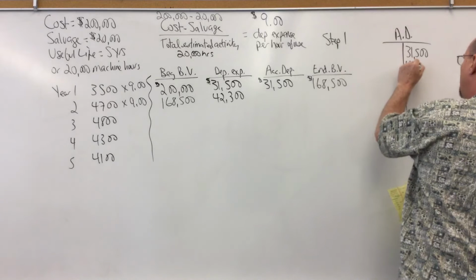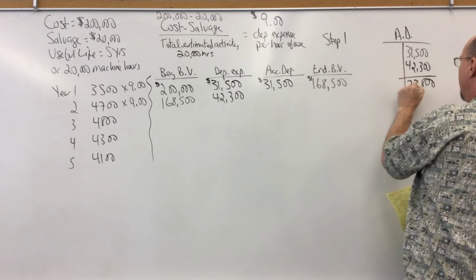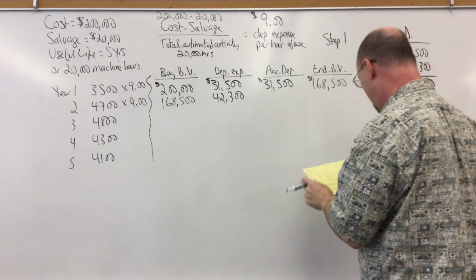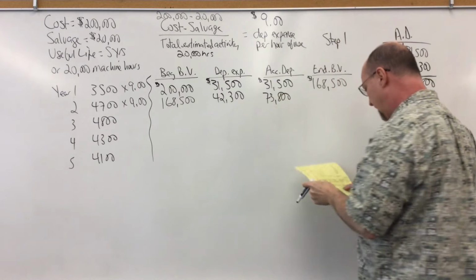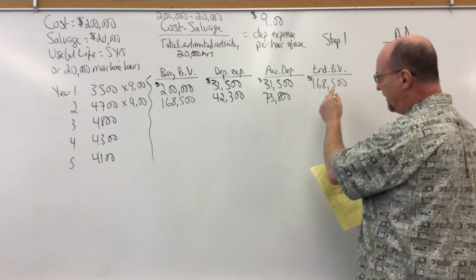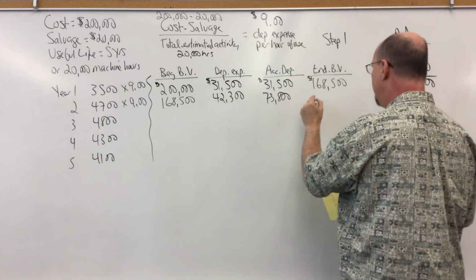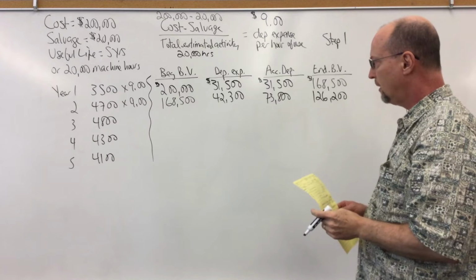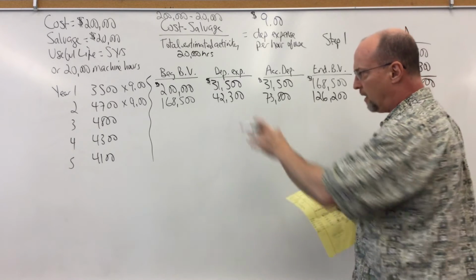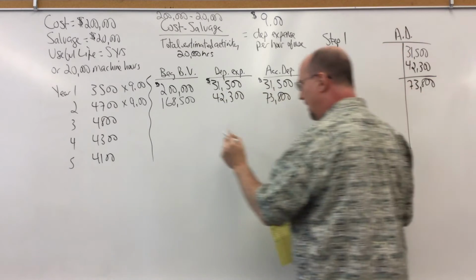So for accumulated depreciation, it accumulates, right? And so now we have $73,800 of accumulated depreciation. And remember, book value at the end of the year, cost of 200 minus accumulated of 73,800 gives us 126,200. Okay, and my lines aren't perfectly straight here, but hopefully you can go across and see them.